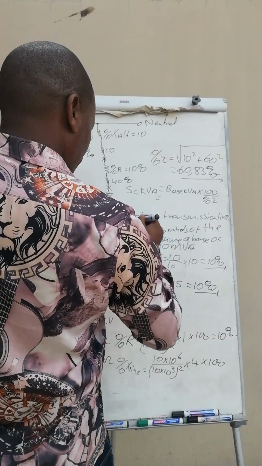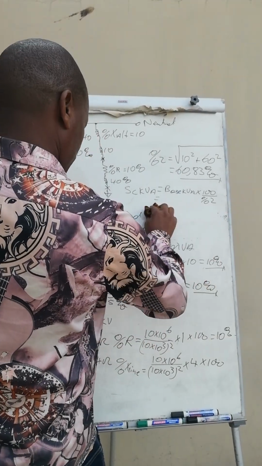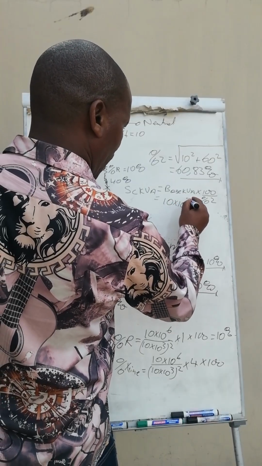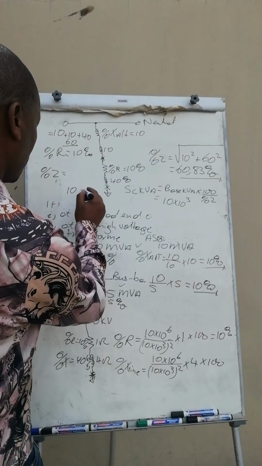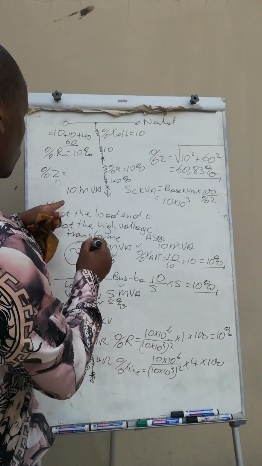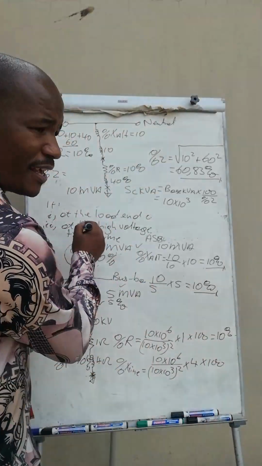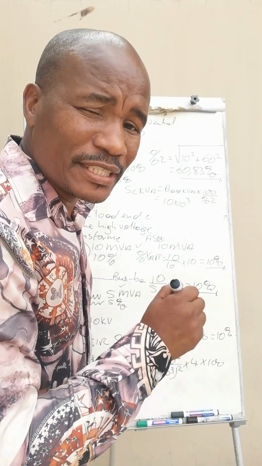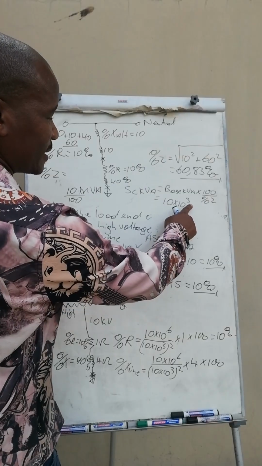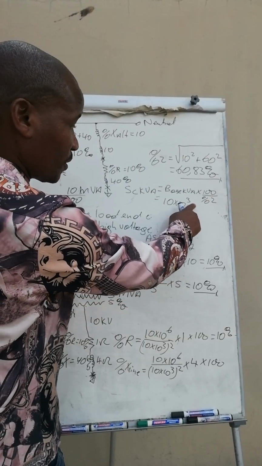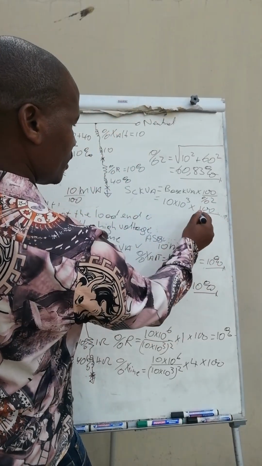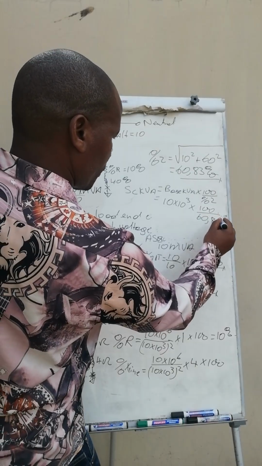It is equal to 10 megavolt amps. To convert it to kVA, you divide by 1,000, so it becomes 10 to the power 3, multiplied by 100 over the total percentage impedance.